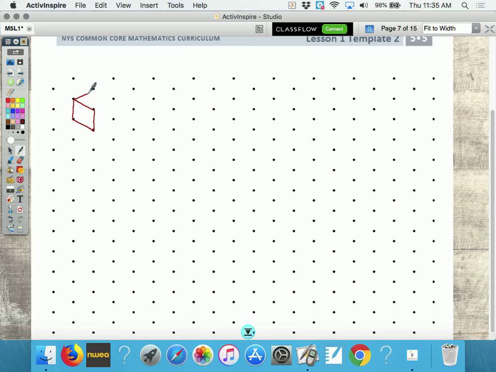Then you draw lines connecting the dots right behind the parallelogram. Okay? When you have that step done, please put your pencil down. Include your colored pencil too. Okay? Thank you. And then you connect the back side. And that makes your cube.